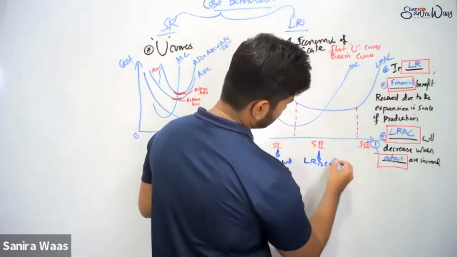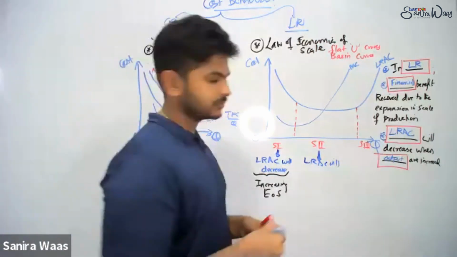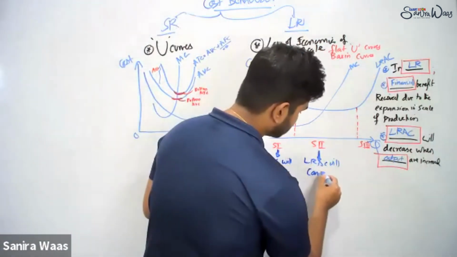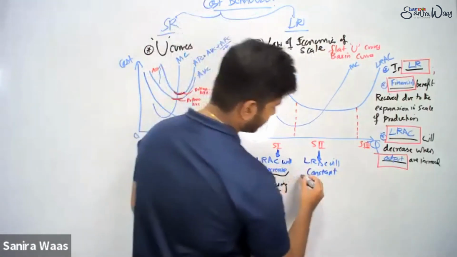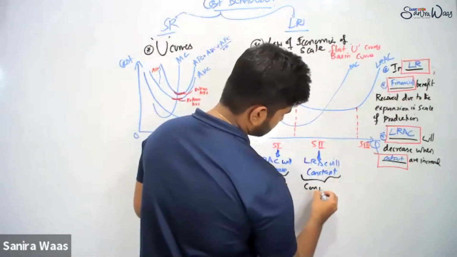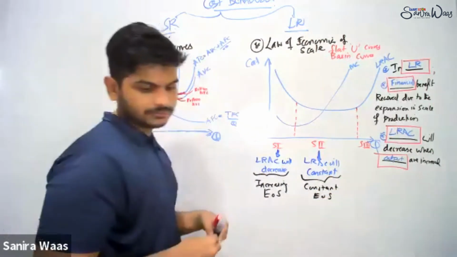What happens? Increase, decrease or constant? Yes, this is constant. So we call this one constant economies of scale.